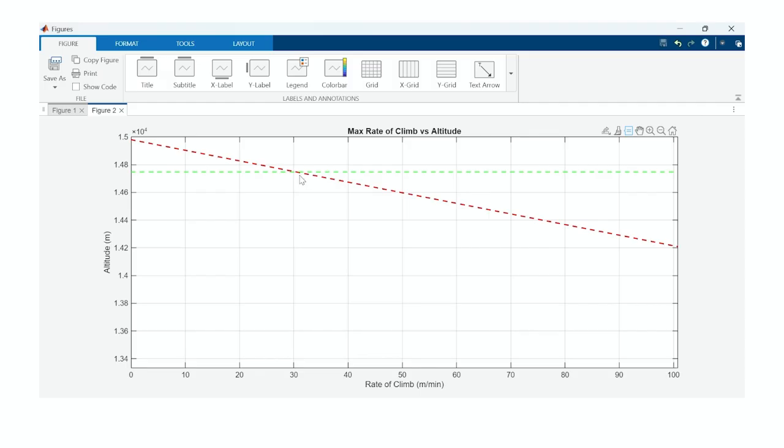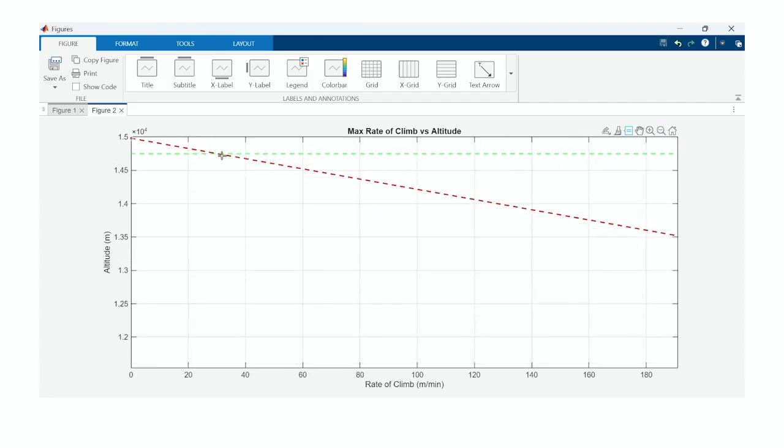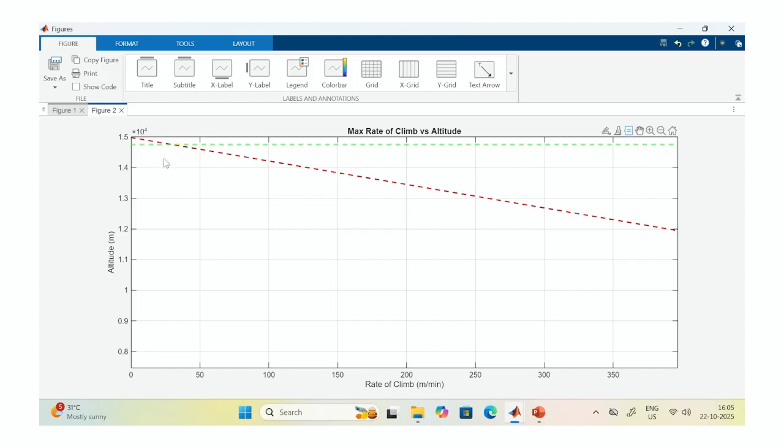All right, and here, let me just zoom out a little bit and point my cursor here. So here we have the intersection of the curve. So this is where the service ceiling is, at about 30.94 meters per minute, and the service ceiling is about 14,743 meters.